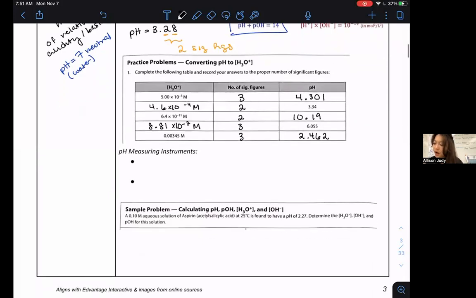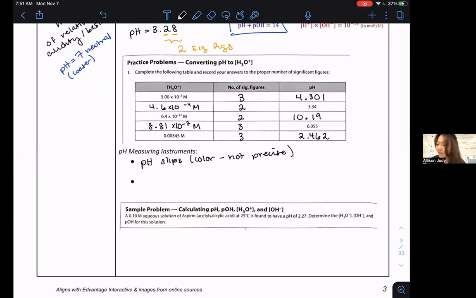Quick note, there are a couple of instruments that we tend to use when measuring pH in lab, at least when you're actually doing the experiment, and that is pH strips, where you dip it in, and it's all based on color. It's not very precise, but it gives you a general idea of what range your sample would be in.